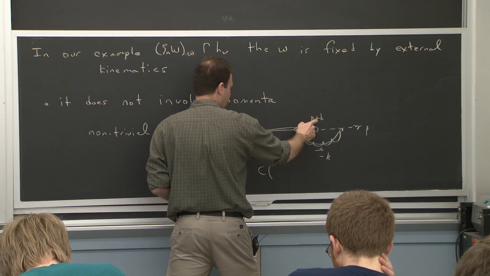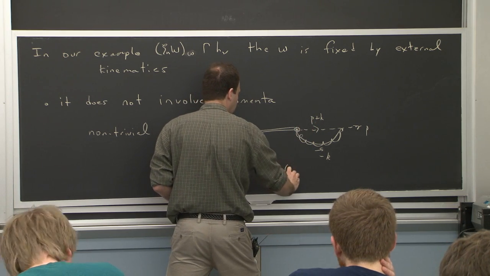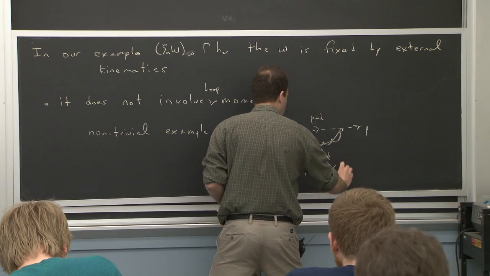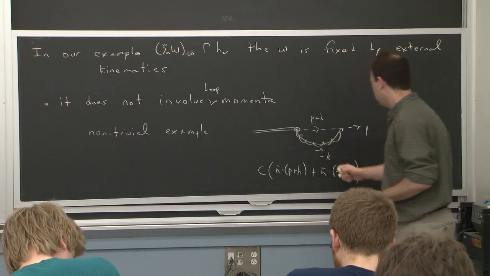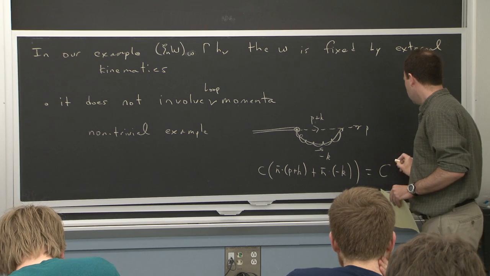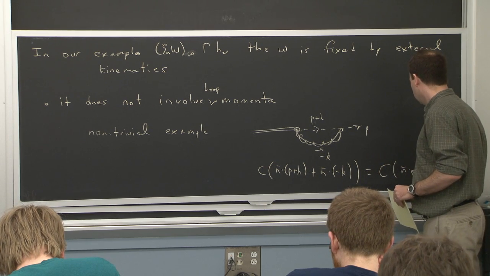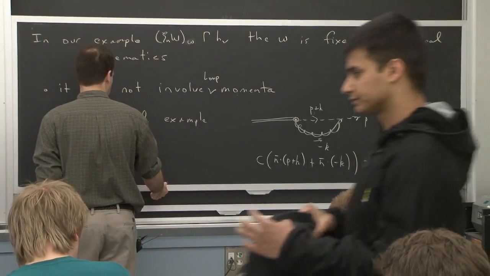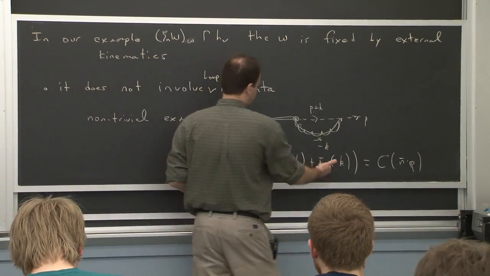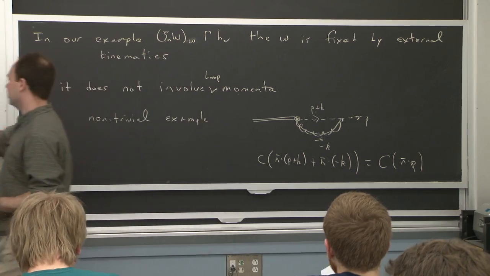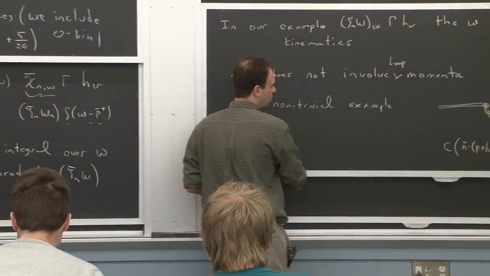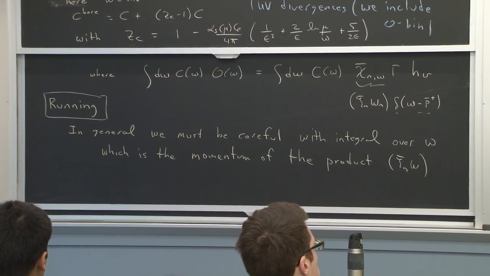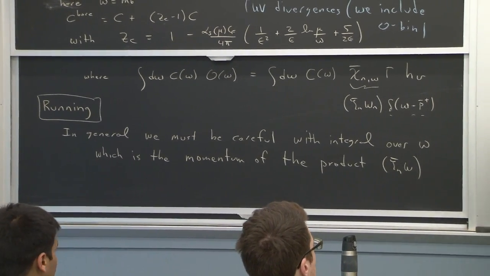So we get this guy, and then we get this guy, and so we just get the external guy. Okay, and so the Wilson coefficient, from this notation, it's the same thing as saying this delta function. We can see that it only depends on the external P, not on the n bar dot K.